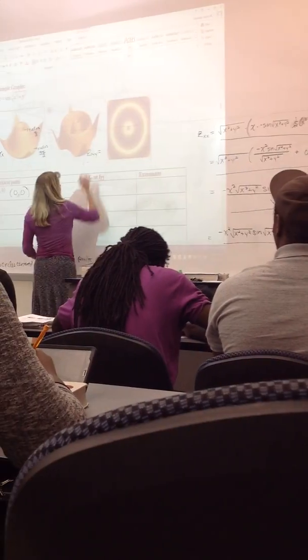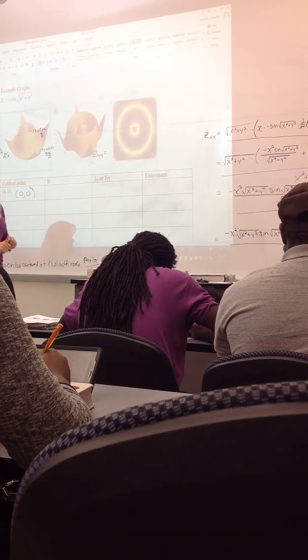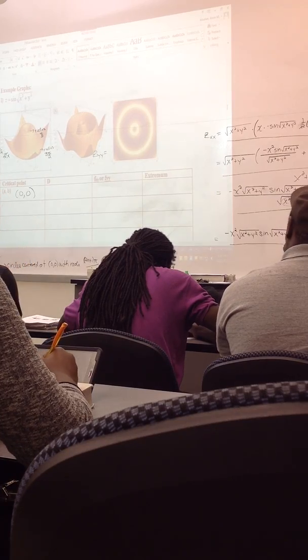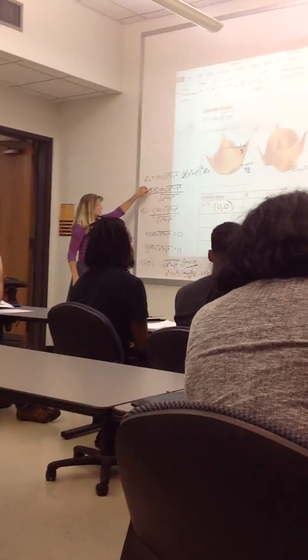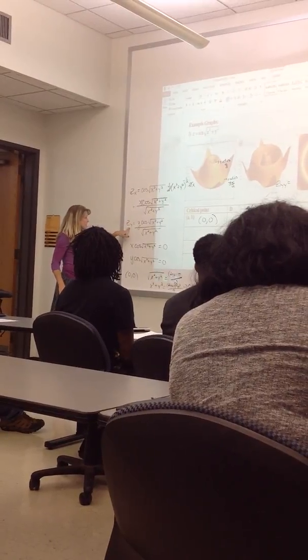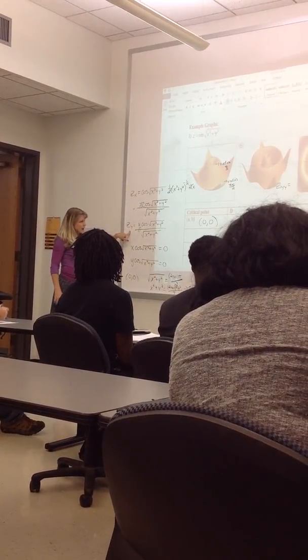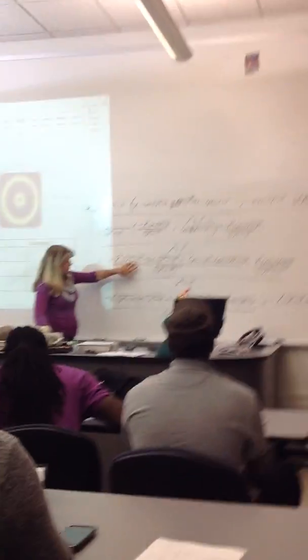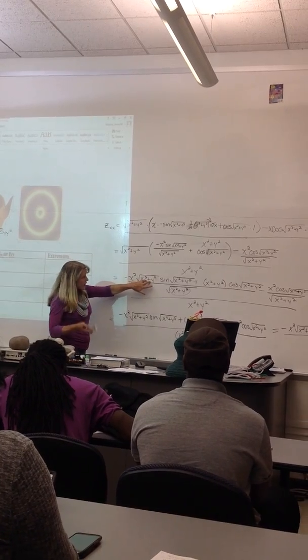About what ZYY would be without us necessarily having to work through the whole thing. Because ZYY is of the same form, but where there was X, there's Y, but I'm taking the derivative with respect to Y. So when I'm taking the derivative of the inside of this, it should be 2y and not 2x.